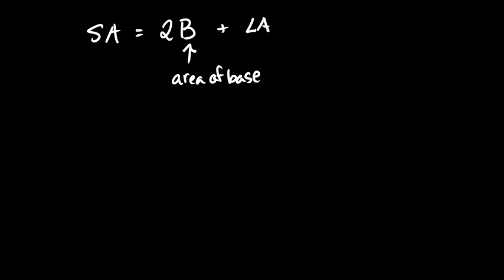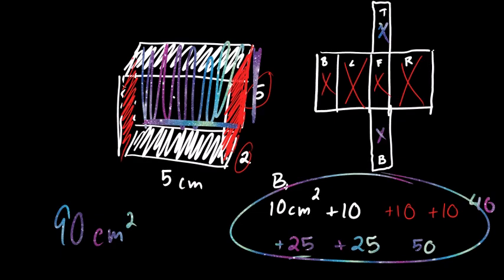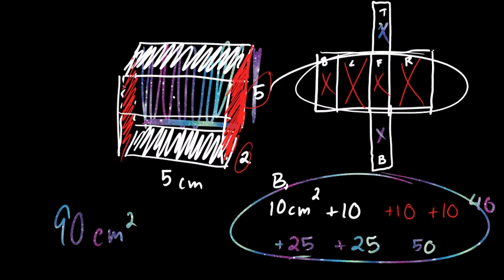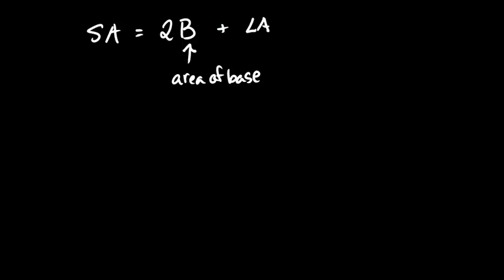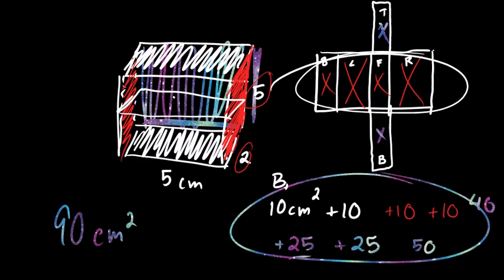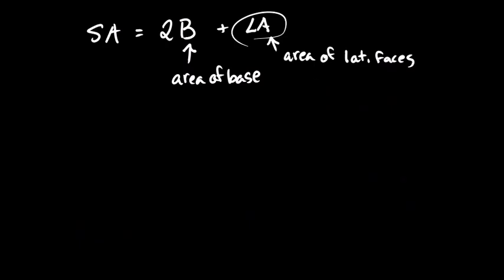Alright, so what lateral area is talking about are the front, the right side, the back side, and the left side. So the lateral area is the area of all the faces other than the bases. Okay, so all of the faces may be different. It just so happens that in this case with the rectangles, they were actually all the same.